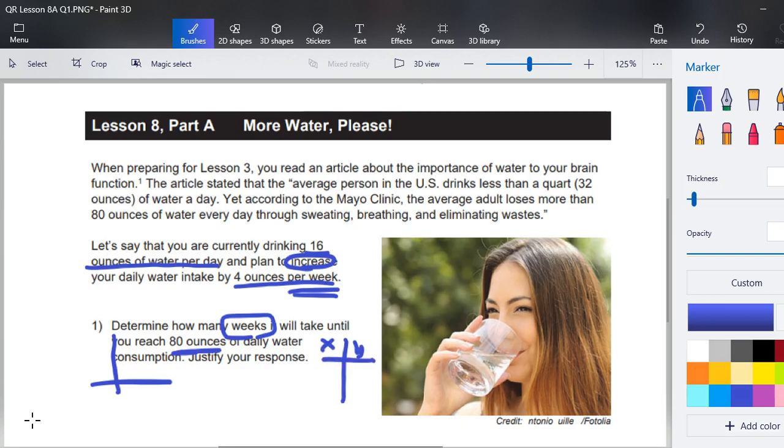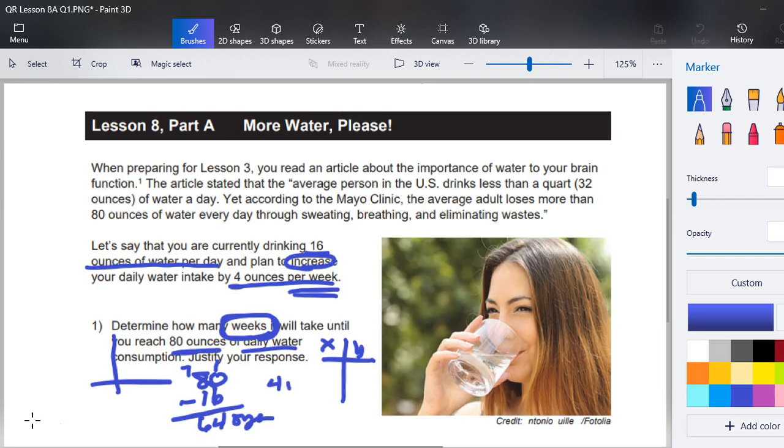If you're trying to get to 80 ounces and you're currently at 16, when you subtract, some good old subtraction here, you've got 64 ounces that you need to gain. But how many weeks if we're going to increase your daily intake by 4 ounces a week?